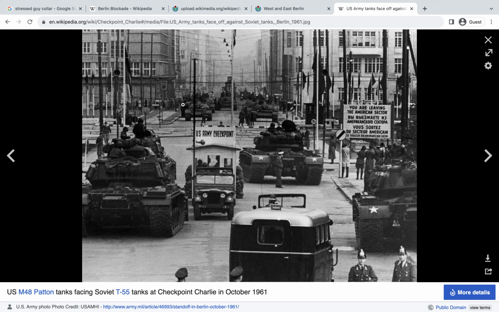I don't really know where this idea came up. It's so simple when you think about it. John F. Kennedy and Khrushchev get on the phone with each other, and they both agree, like, hey, we really don't want this.